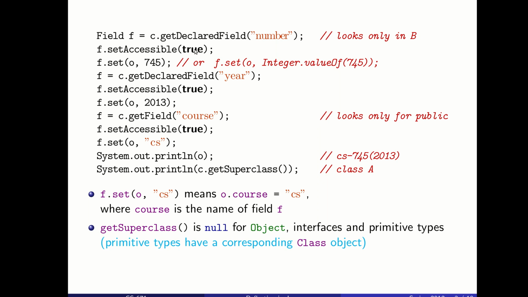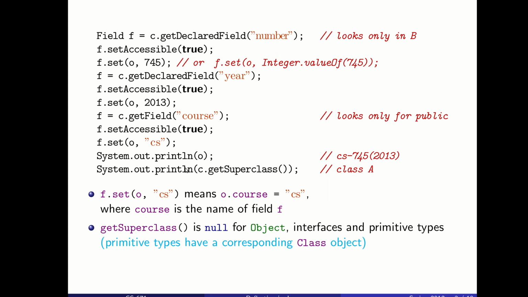We can set that field accessible just like we did before. We can set its value, and then we can move on and get another field. So remember that getField will only look for the public ones, but it will get it from parent classes. So here we can change the number, the year, and the course, even though those are declared across two different classes. And we can change the values for them so that once we've done this, it would be CS 745 from 2013. We can also examine what the superclasses are of the class that we are working with here.